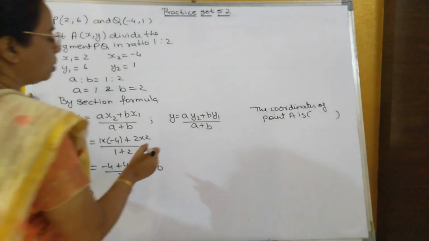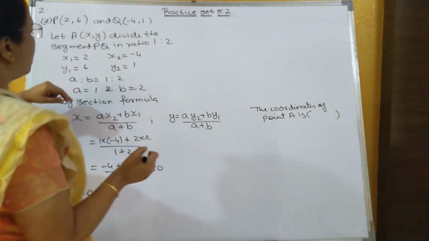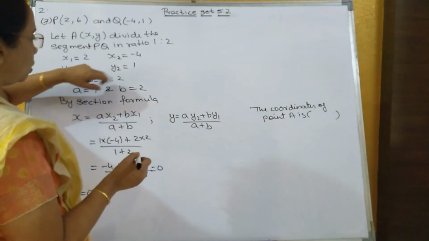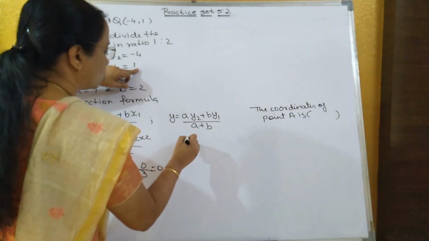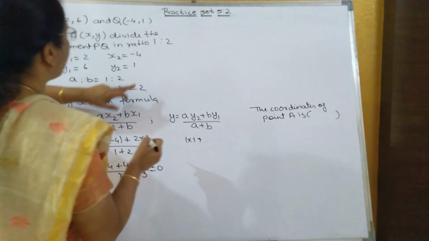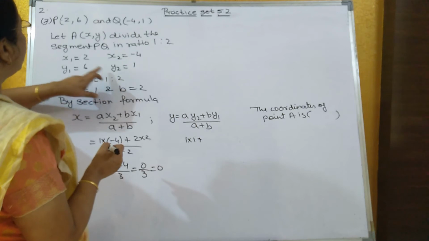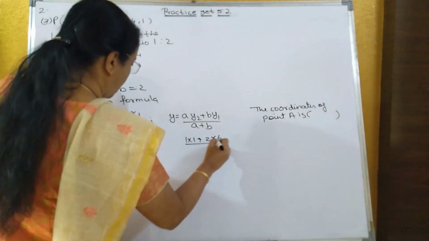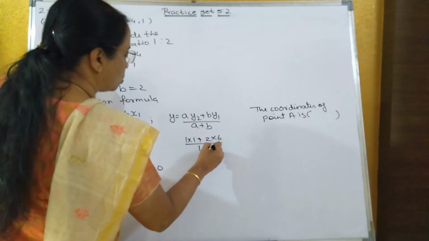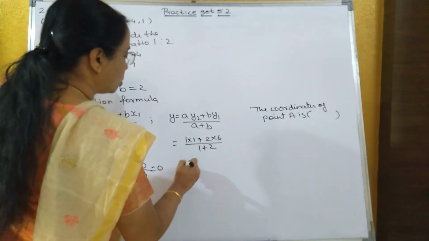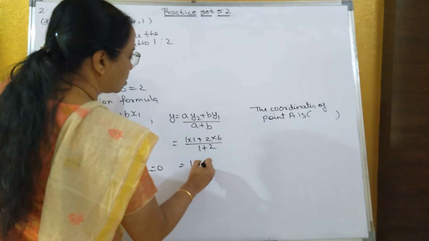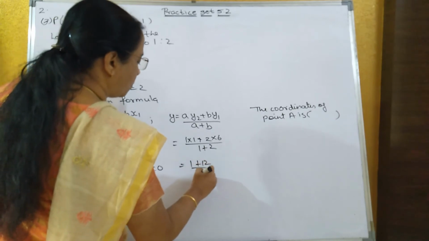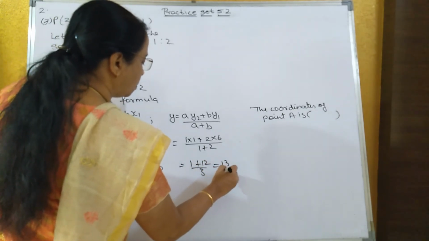Similarly, y is equal to a, that is 1 into y2, 1. So 1 into 1 plus b is 2 into 6, 2 into 6 upon a plus b, that is 1 plus 2. So that is equal to 1 into 1 is 1 plus 2 6s are 12 upon 3, that's equal to 13 upon 3.